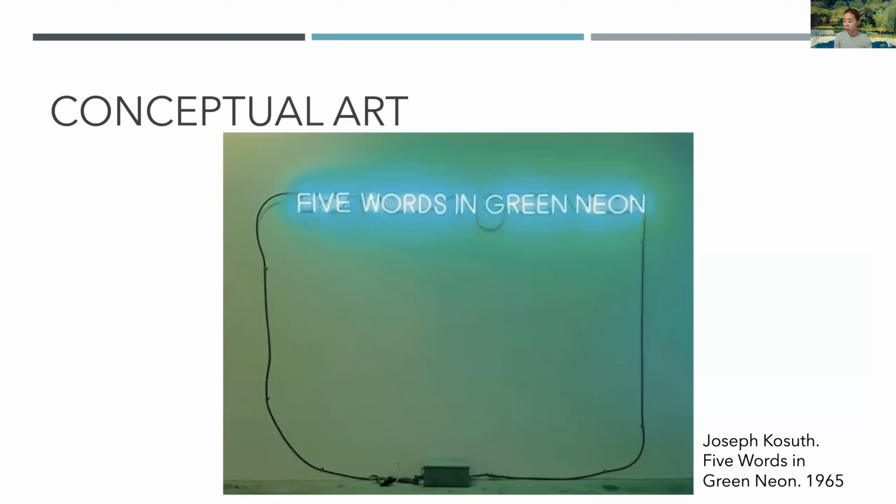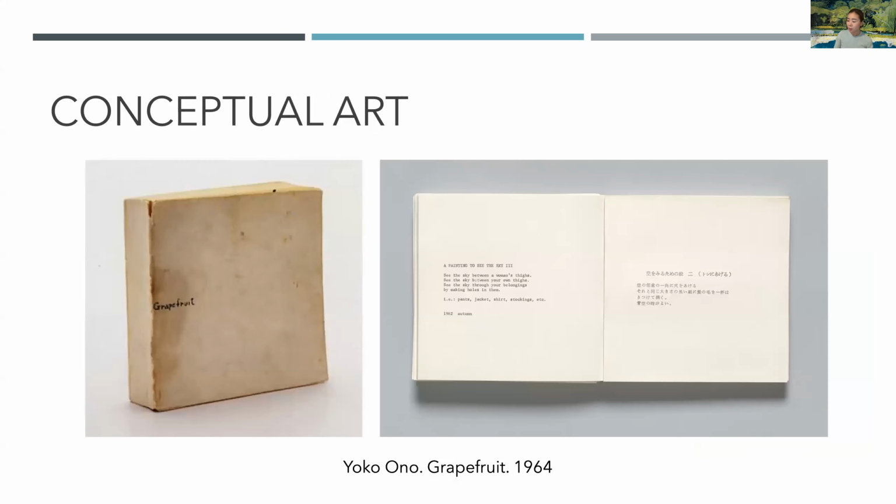Many conceptual artists worked with language or words, which, when written, take on a double life as image and idea. So this is one example of conceptual art by Yoko Ono. The work is titled Grapefruit, which is a conceptual artist book.